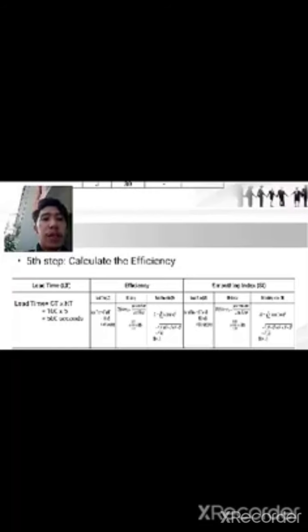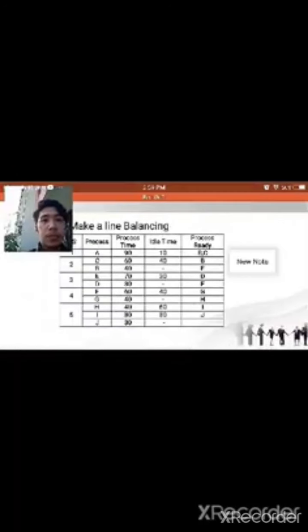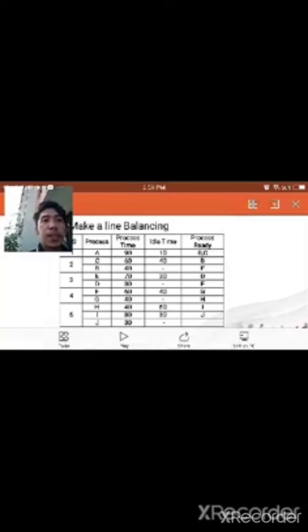The next is the smoothing index. In smoothing index, we get the square root of the summation of idle times squared. So here, based on our process, the idle time in workstation 1 is 10, workstation 2 the idle time is 0, workstation number 3 will be 0, workstation number 4 will be 0, and workstation 5 will be 0.